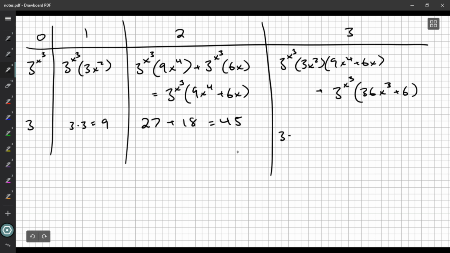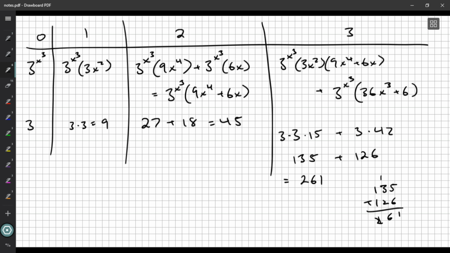So here we're going to get 3 times 3 times 9 plus 6 is 15. Plus 3, 36 and 6 is 42. So that's 9 times 15 is 135. 3 times 42 is 126. And really quickly, we'll just add them up. So we get 261. Right?